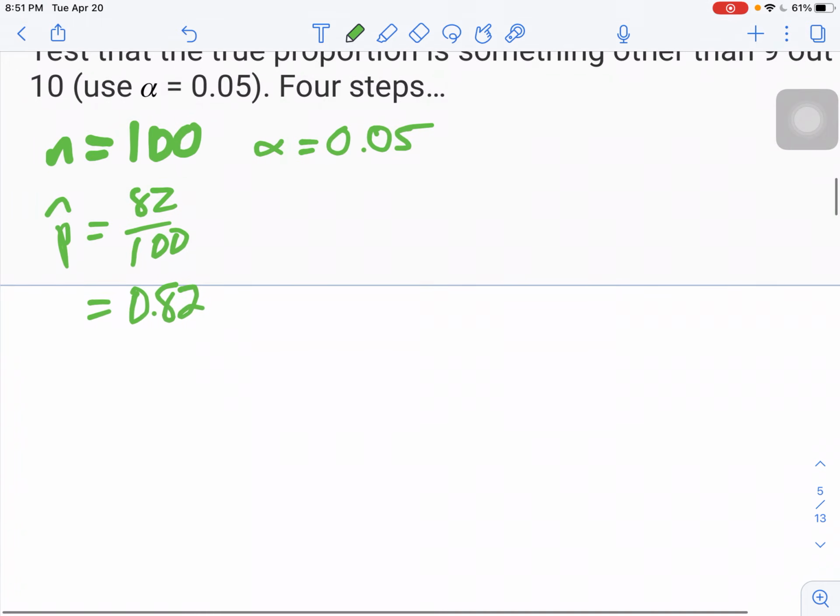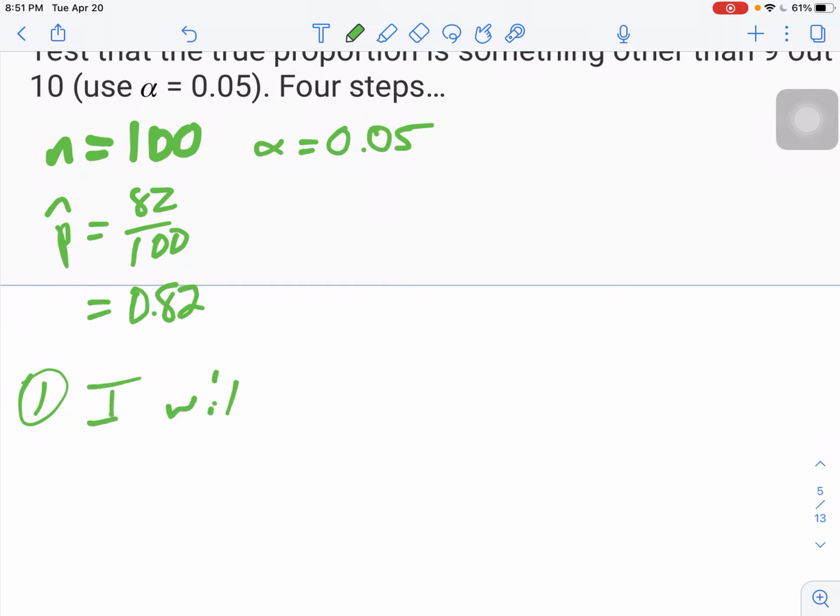And then I can move on to step 1. So step 1, remember, we're going to do the procedure, the parameter, and write our hypotheses. So this is a z-test for P. We're doing a hypothesis test for a proportion.